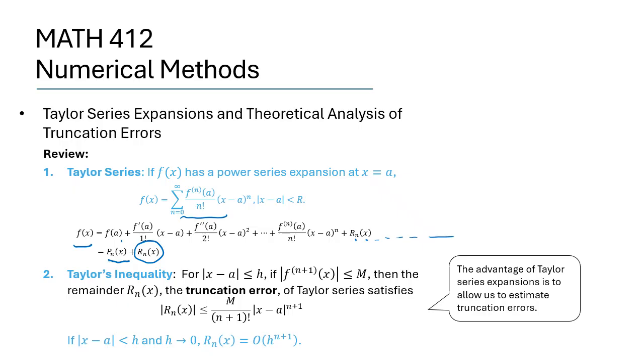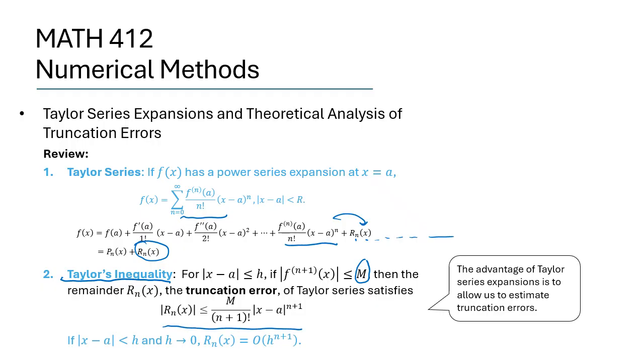And we have a theorem, or inequality, called Taylor's inequality. It estimates the magnitude of this R sub n, the remainder. Given that the next derivative is bounded, over the interval of convergence we have this.